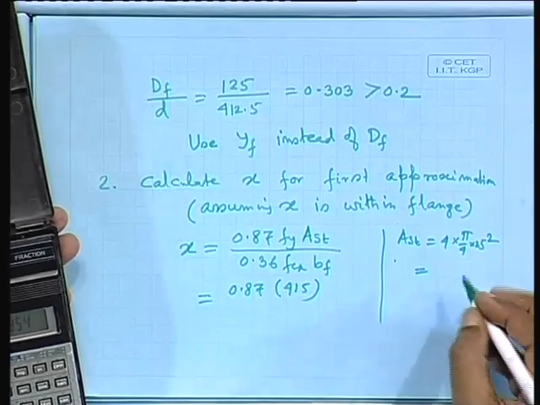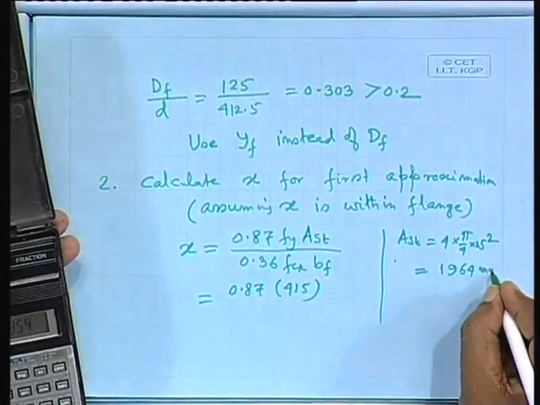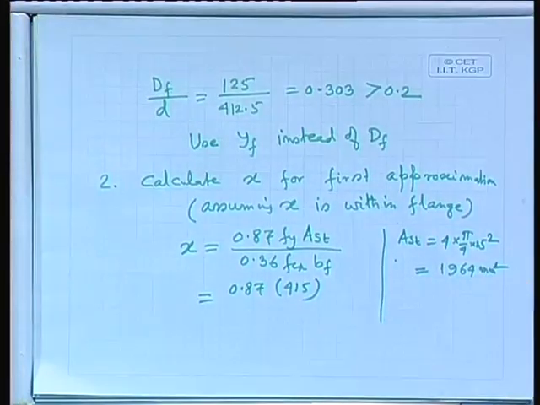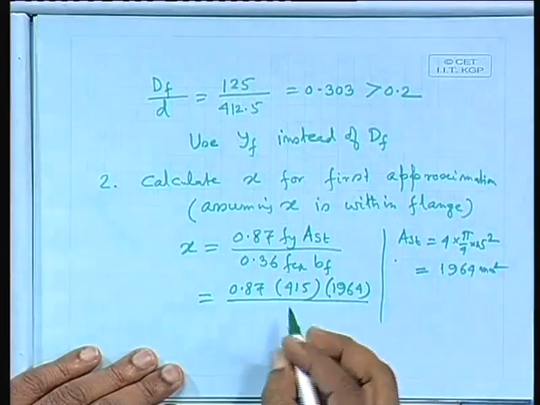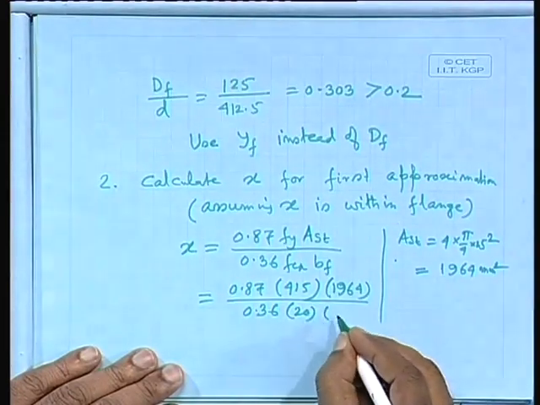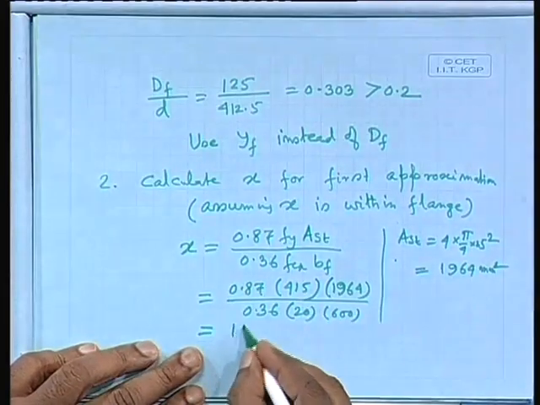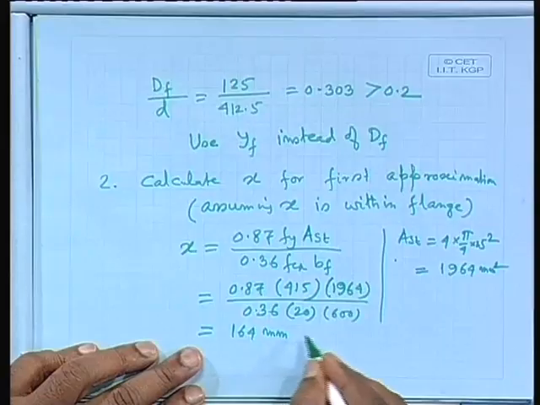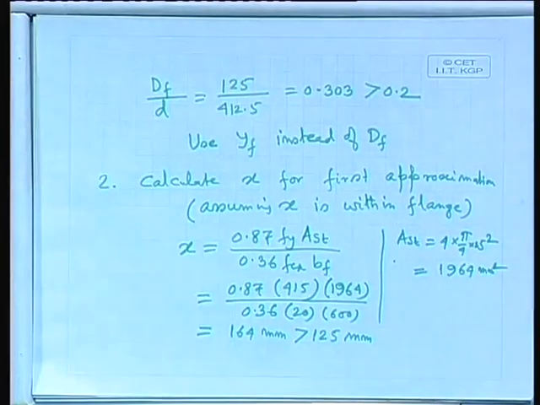So, I can take it as 1964 square millimeter. 0.36 times 20 times 600. 600 is the width of the flange. 164 millimeter greater than 125 millimeter. So, that means X is coming greater than 125 millimeter.